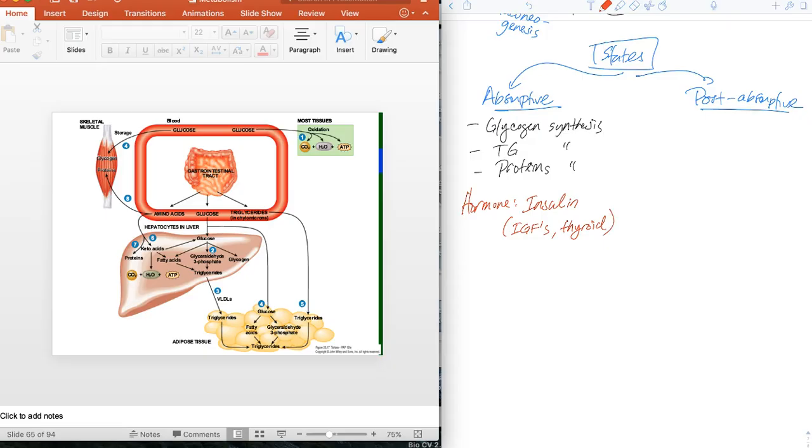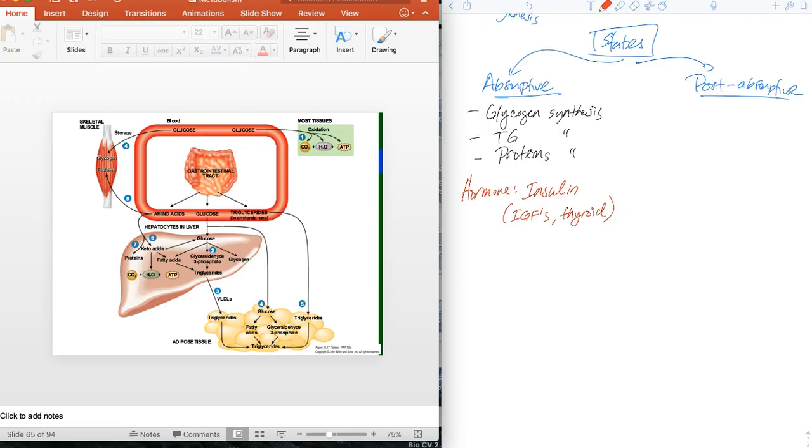On the flip side, in the post-absorptive state, you're going to go the other way. You will do things like glycogenolysis. You will produce ketone bodies. Remember, this is a form of lipolysis. You will even break down proteins.